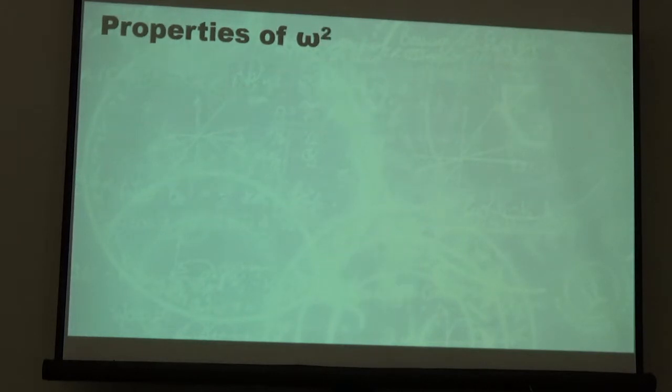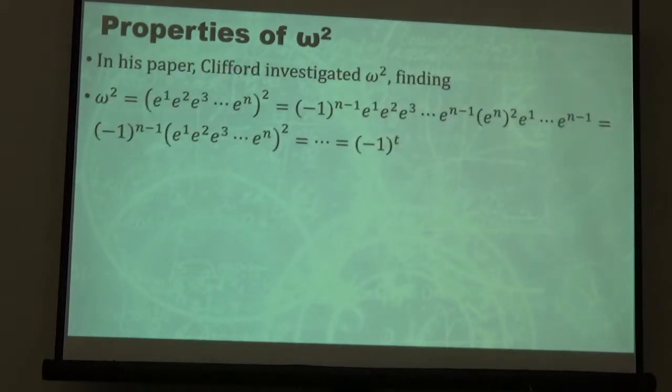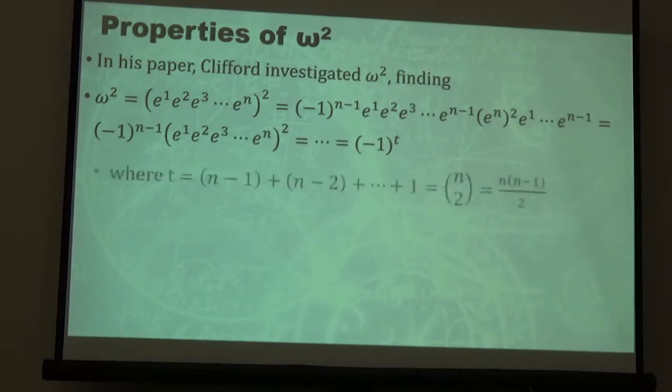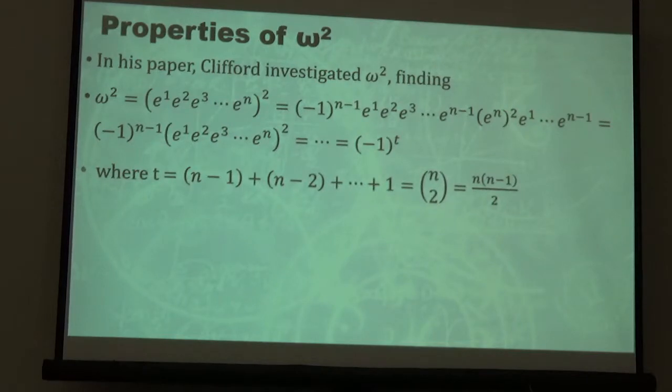He also went on to look at, in his paper, this is Clifford's paper, omega squared, e1 e2 through en, and he squares it and finds that he gets negative 1 to the t, where t is equal to n minus 1 plus n minus 2, and so on, and finally t is n choose 2.